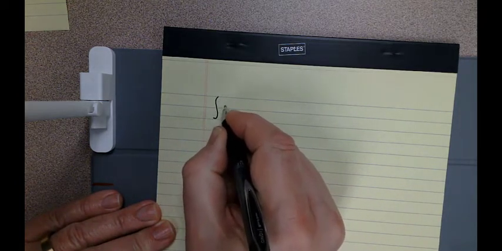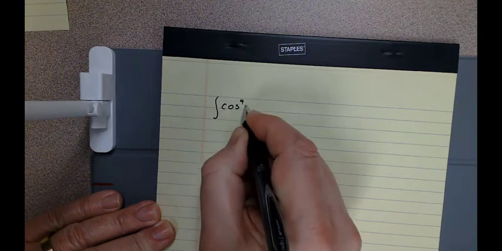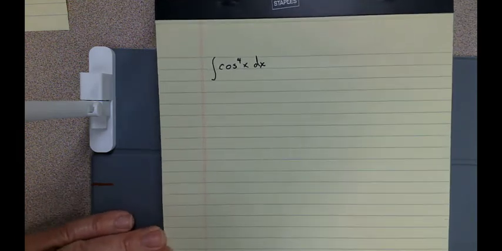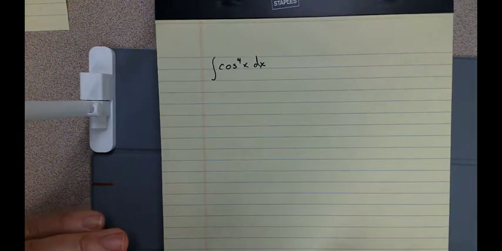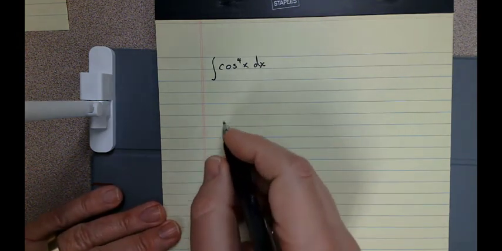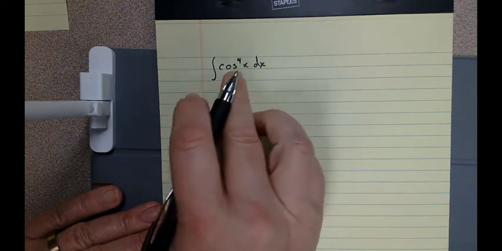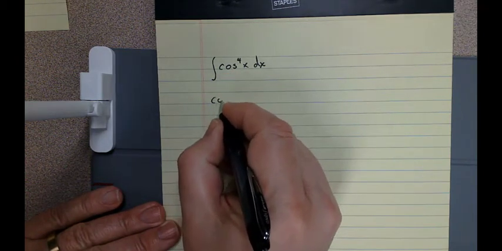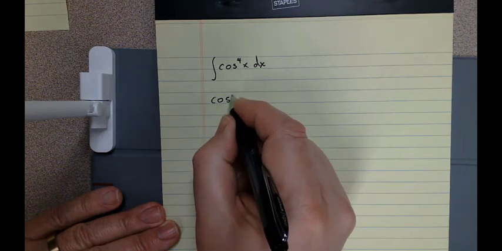The integral of cosine to the 4th x dx, because sometimes you need to put in an example that's hard enough where the student has to see the wheels turn. I'm going to raise cosine to the 4th power, but I'm going to do it in stages, not all at once.